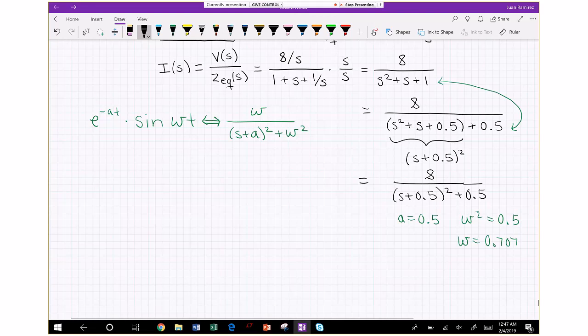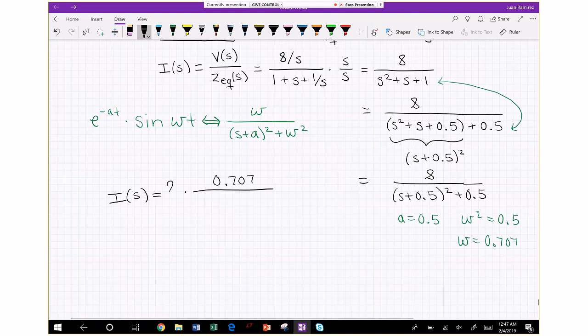Alright, well, the numerator, if I want to use that Laplace transform pair on the left, the numerator has to be equal to omega. So I'm going to rewrite over here, I of s is equal to 8 times omega. So let's say instead of 8, I'm just going to put omega here, 0.707.